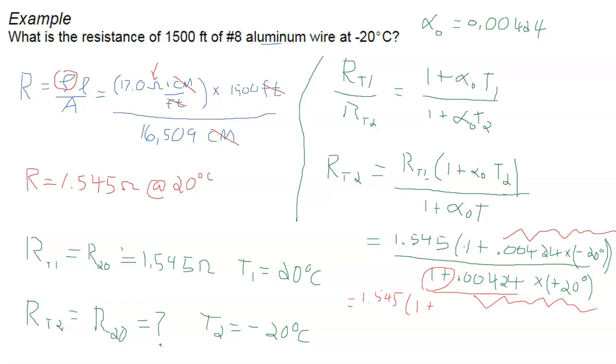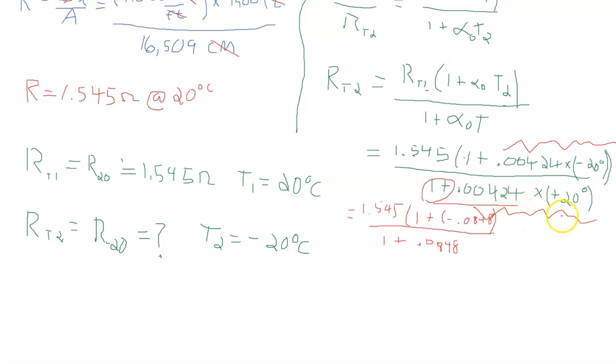And 0.00424 times negative 20 actually gives us a negative number, negative 0.0848. So in the denominator, 1 plus positive 0.0848, because we got the same expression down there, 0.00424 times 20.